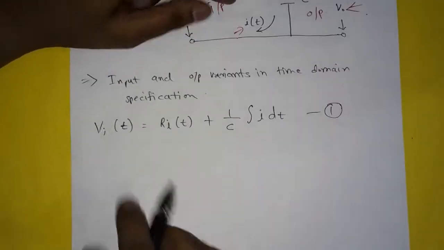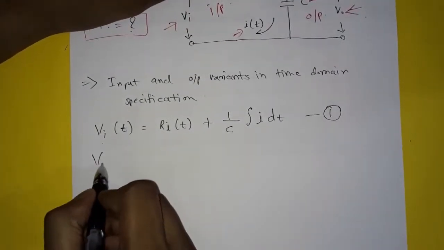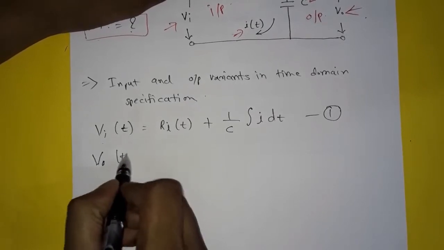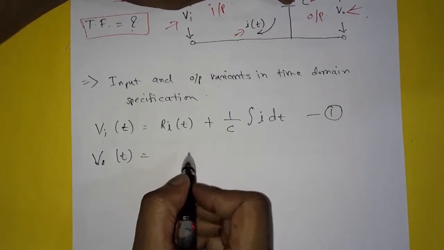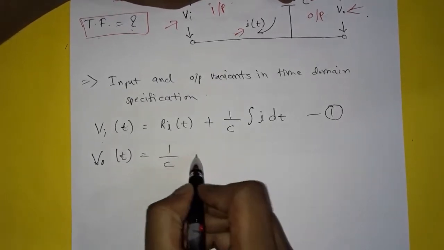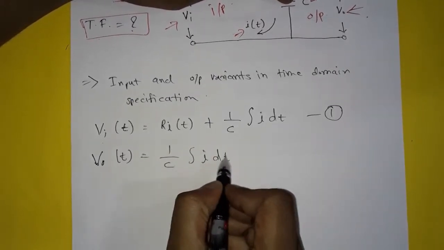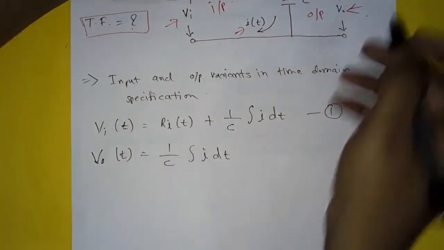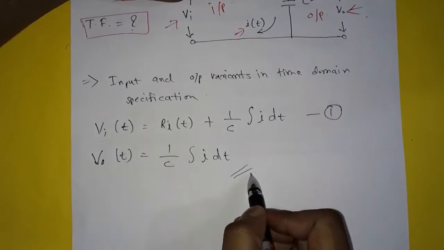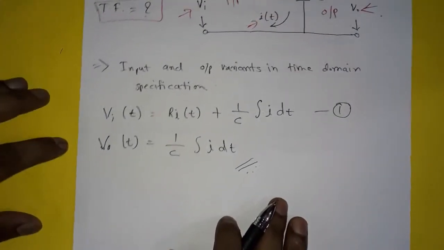Second is for output variable: Vo of t is equal to, here only capacitor is present, so 1 upon C integration of i dt. Here there is nothing on this side, so only capacitor we have taken.